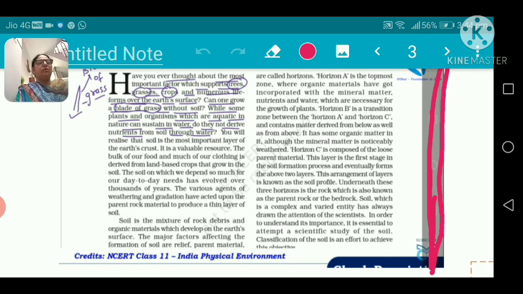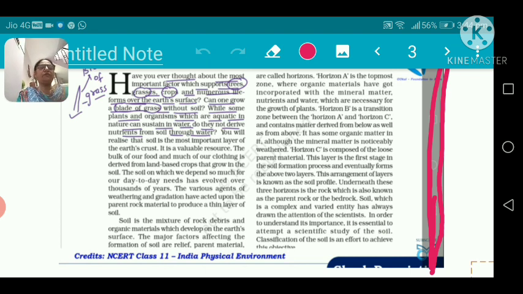Soil is the most important part of the earth's crust, the upper layer, and it is a very valuable resource for us. Whatever pulses, cereals, tea, jute, coffee, rubber, and clothes we use in our daily life are produced by the soil only.